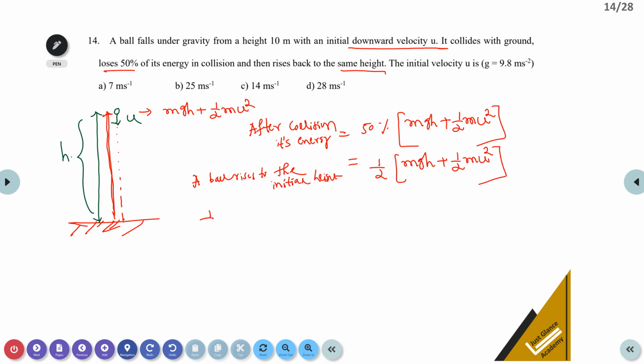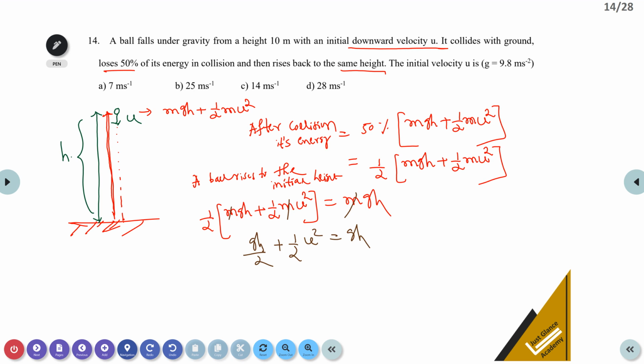How to write? 1/2 into (mgh plus 1/2 m u square) equal to mg into H. In all these problems, m is common here. Rewriting this equation: gh by 2 plus 1/2 u square equal to gh.